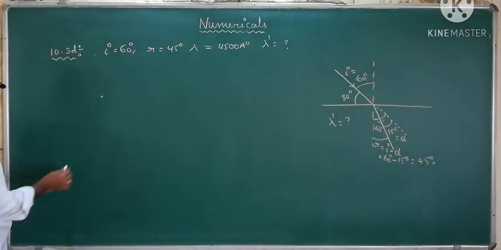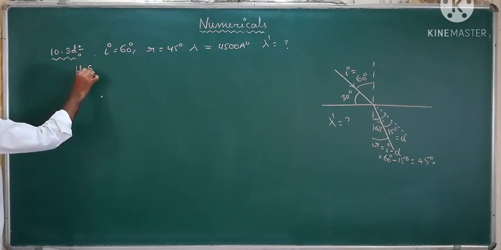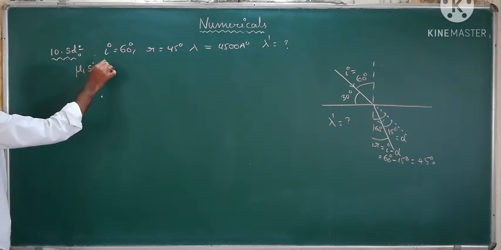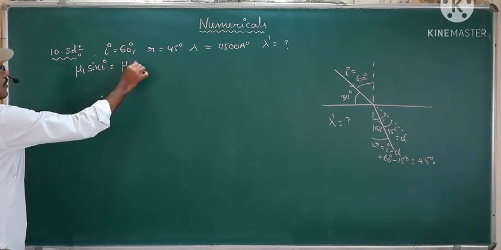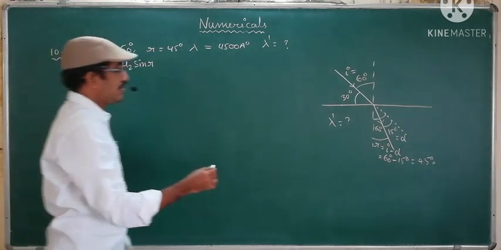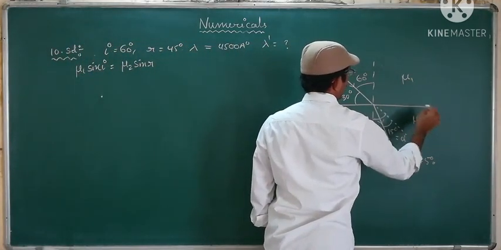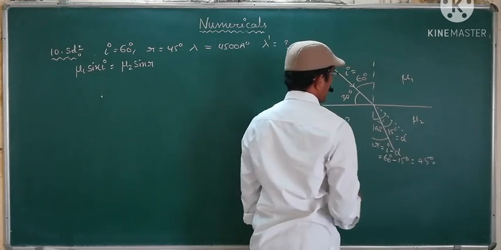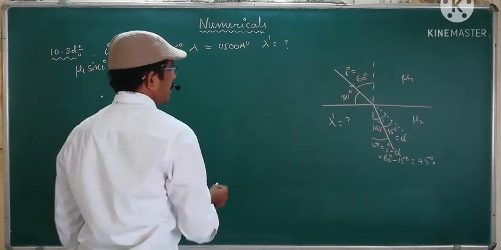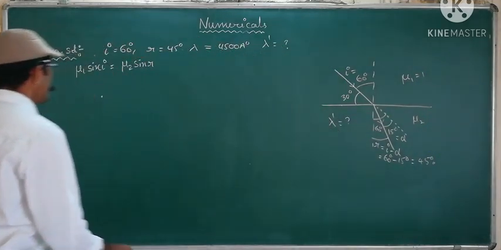Now from Snell's law, we can apply Snell's law. What is that? mu1 sin I is equal to mu2 into sin R. This is the refractive index mu1, and this is the medium refractive index mu2. Now this mu1 is the air, so its refractive index is equal to 1.